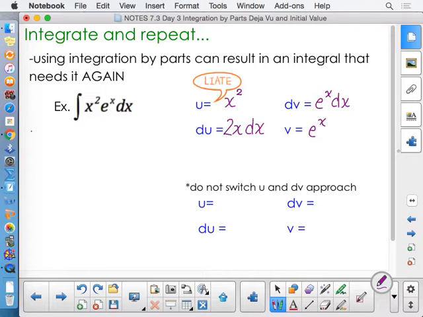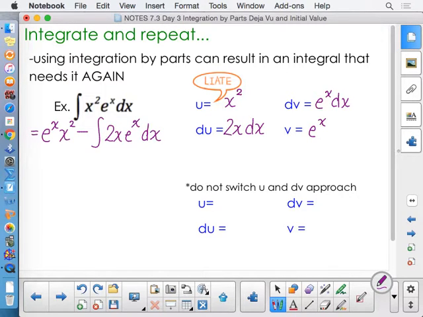So as we go and substitute in to get the value of the integral, we'll have x squared e to the x minus the integral of, and there's our v times our du, 2x e to the x dx.